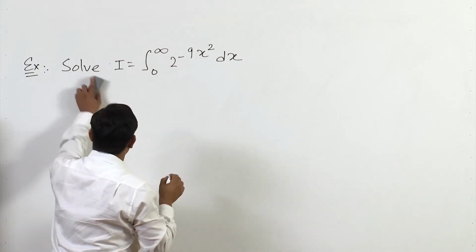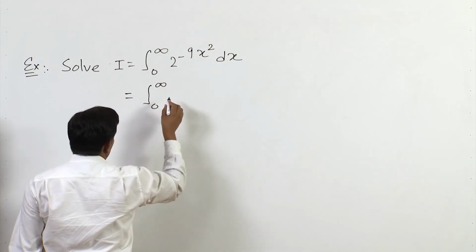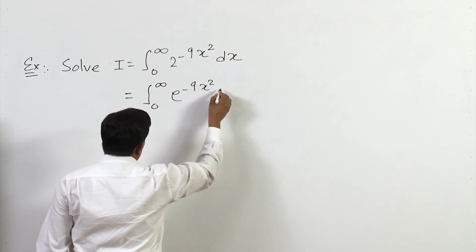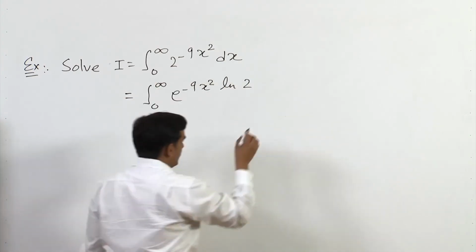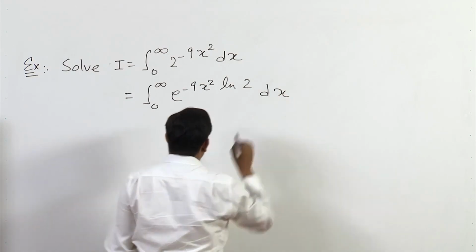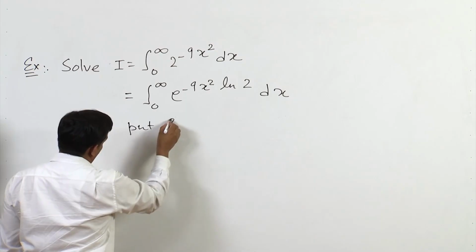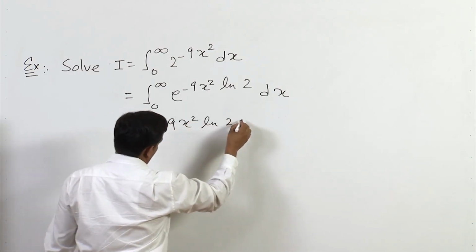Before that I can write this as ∫ 0 to infinity e raised to power minus 9 x square into ln of 2, I can write this in this way, into dx. Now, put 9 x square ln 2 equals to t.